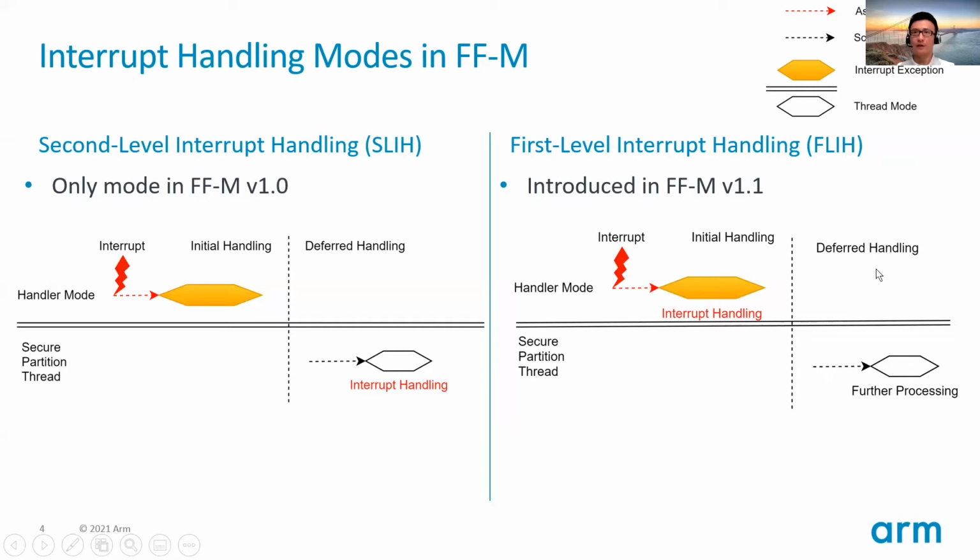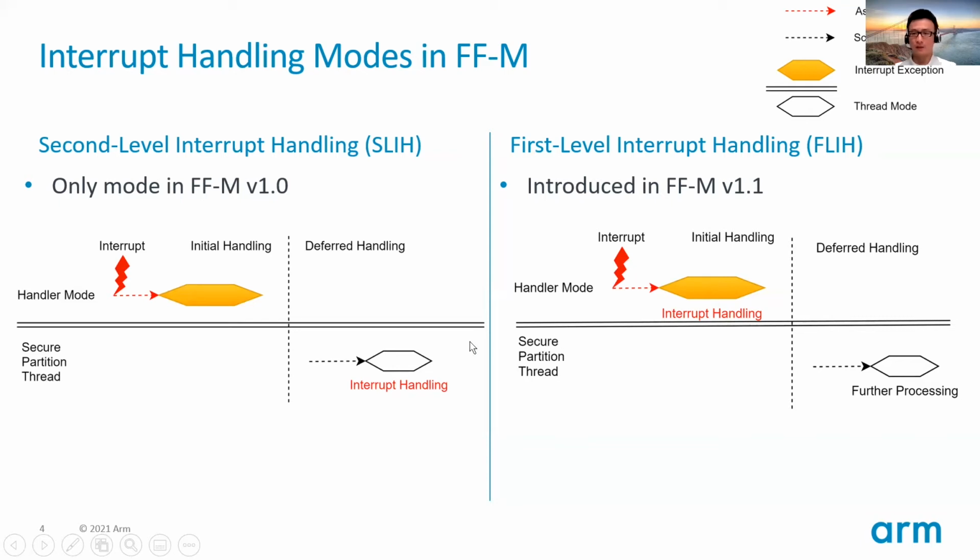But there is an optional further processing to have more complicated interrupt handling. It is optional: if the initial first level handling can finish the handling, then you don't need to do the further processing.